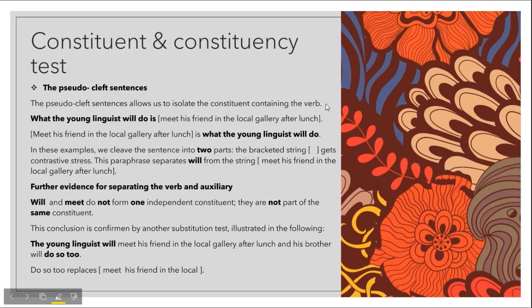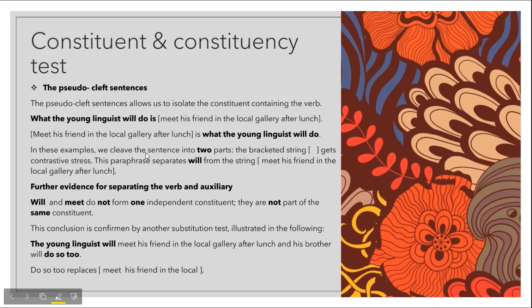Here, this test deals with the verb. Okay, what the young linguist will do is meet his friend in the local gallery after lunch. Meet his friend in the local gallery after lunch is what the young linguist will do.